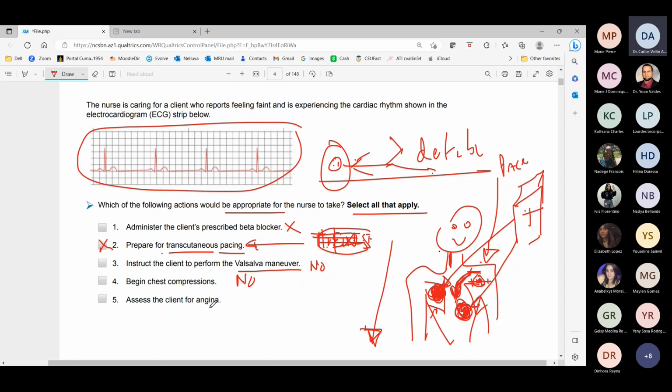Okay, let's see. Angina is the same as chest pain. Is it pertinent to assess the client for chest pain in this condition? Yes, absolutely, for many reasons. First, maybe this bradycardia is because the patient is having ischemia in the heart, a heart attack, that can present in some cases with bradycardia and AV block.